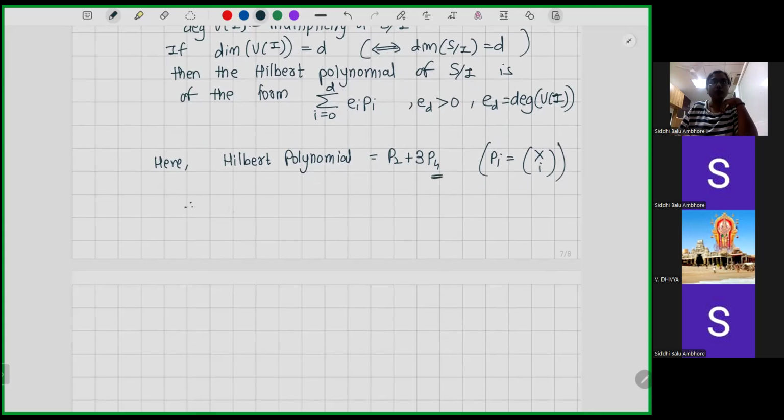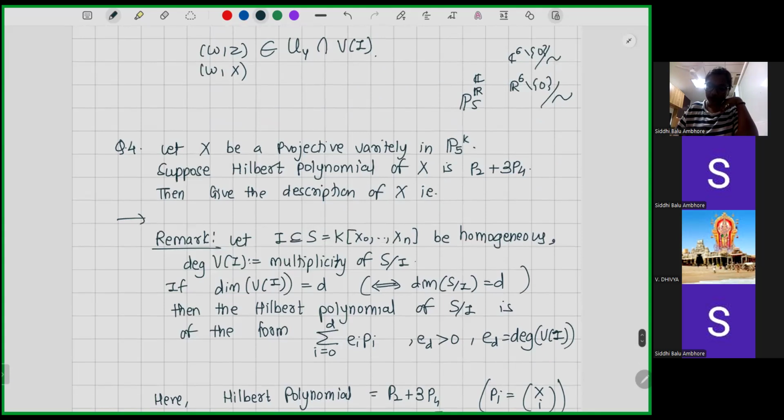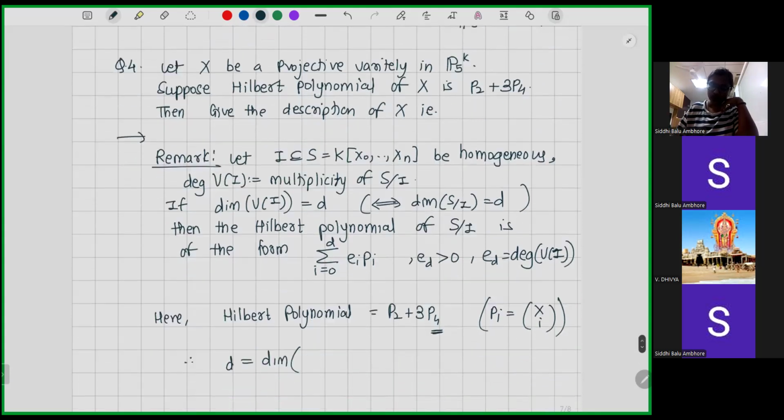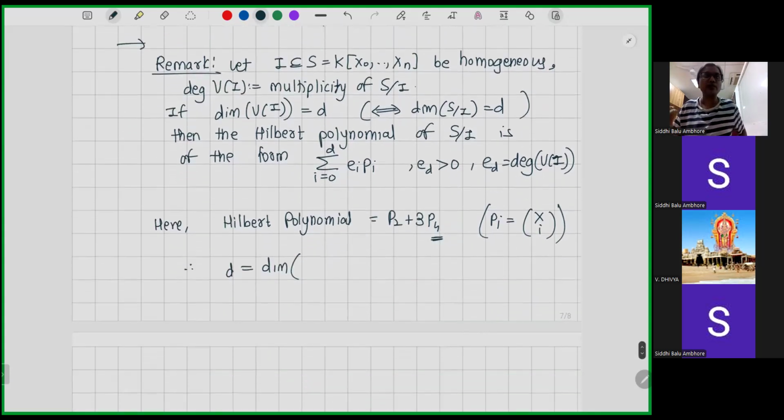So therefore, this d is equal to the dimension of, in our case the polynomial ring is not specified, so we can also call it S, S/I, which is 4. The dimension of S/I is 4. Is that okay?